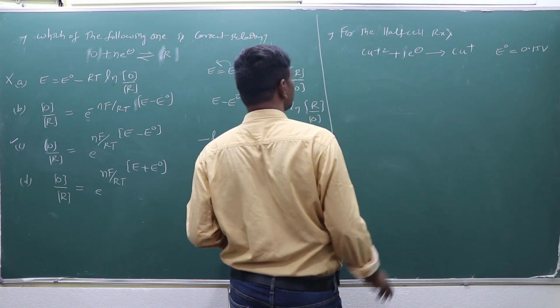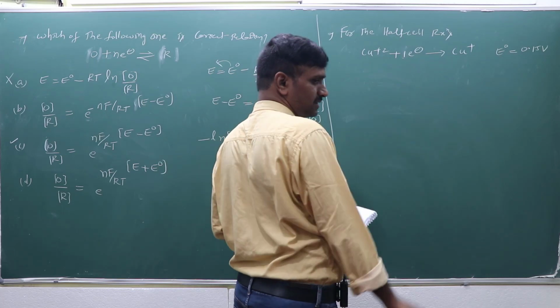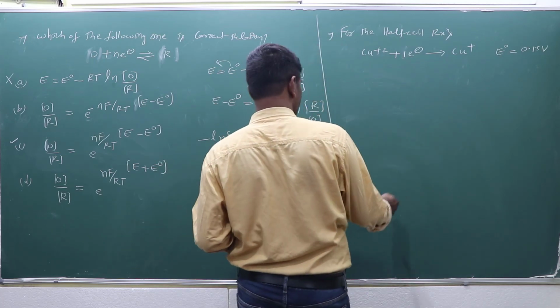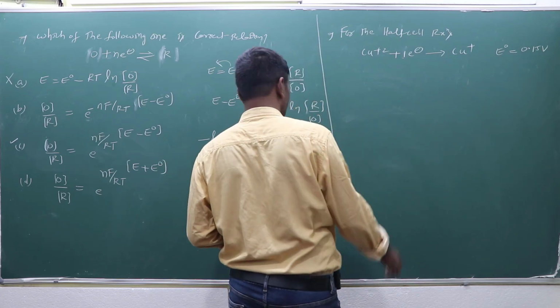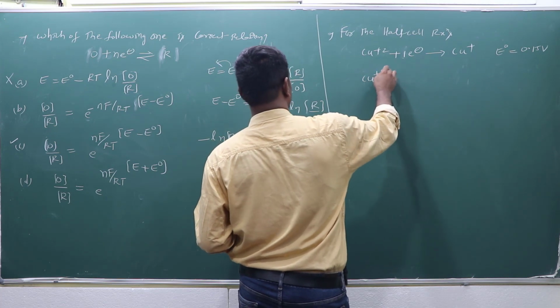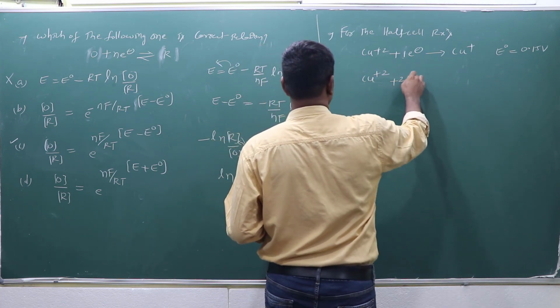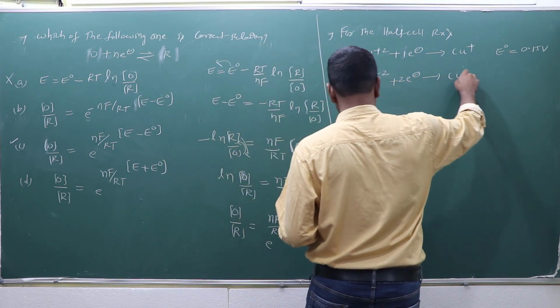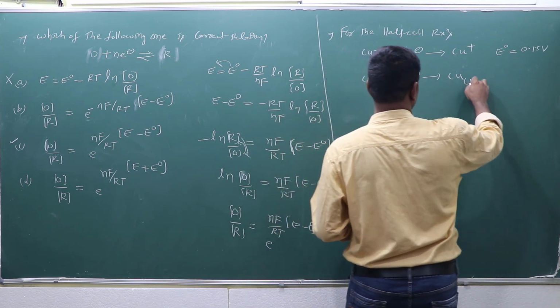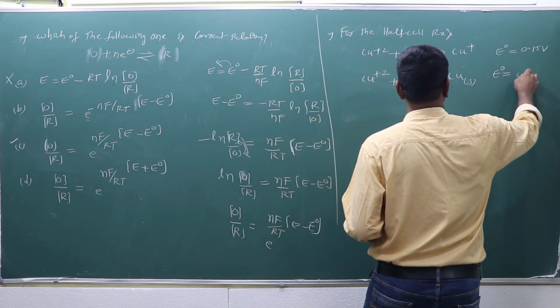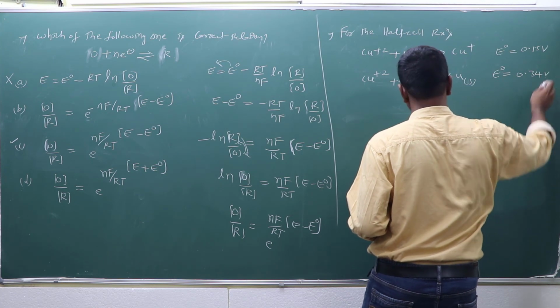Standard potential can be either reduction or oxidation, we can check later. Second, Cu2+ plus 2 electrons goes to Cu solid, with E0 value 0.34 volts.